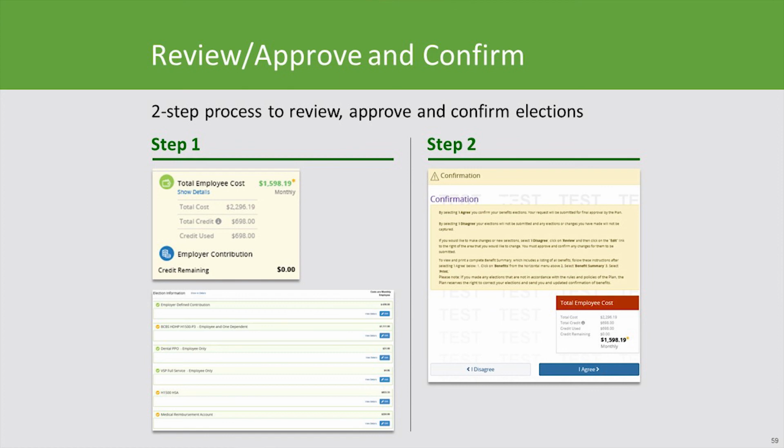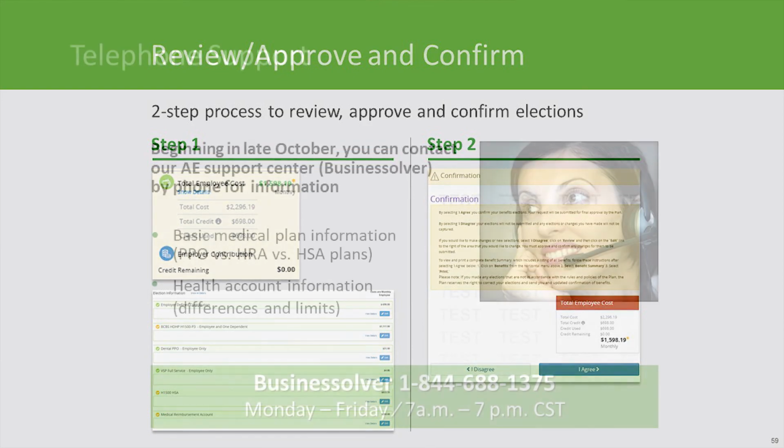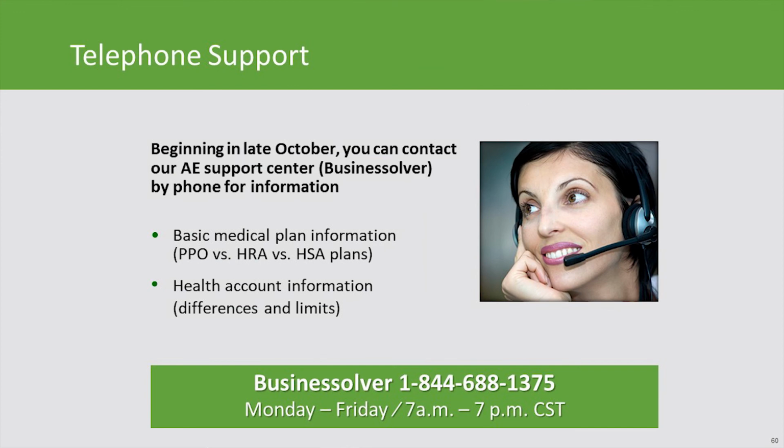On the left side of your folder, you'll see a health insurance premium salary reduction form that you've had in the past. You want to give that information to your treasurer. You can also contact the Open Enrollment Support Center in Business Solver, and there's the phone number.